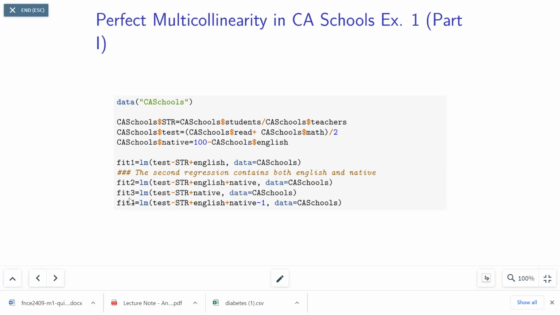In model 3, I regressed test scores on STR and native. And in model 4, I regressed test scores on STR, English, native, and also coerce the intercept of the regression to 0. Let's look at how these regression results differ.